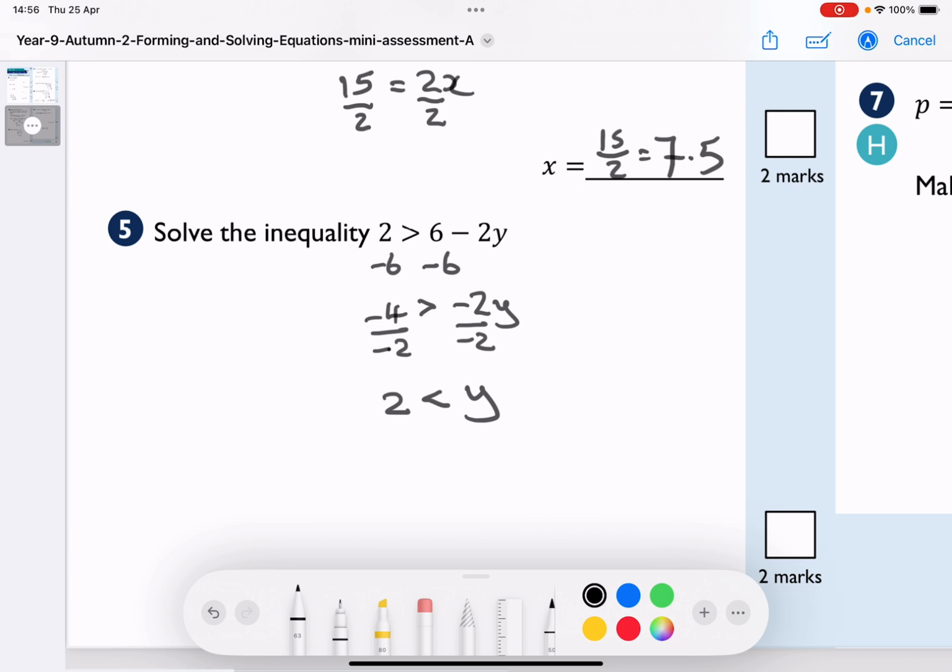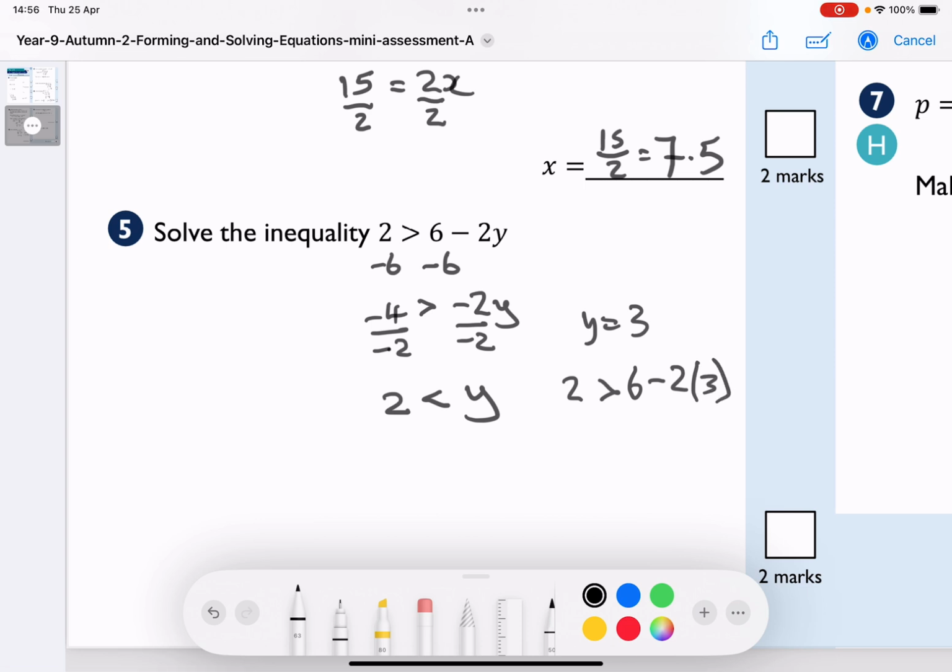always check it. Okay, so in this case, I know that y is greater than 2. So I'm going to choose a value where y is greater than 2. I'm going to choose y equals 3. So if I substitute in y equals 3, I get, is 2 greater than 6 minus 2 lots of 3?